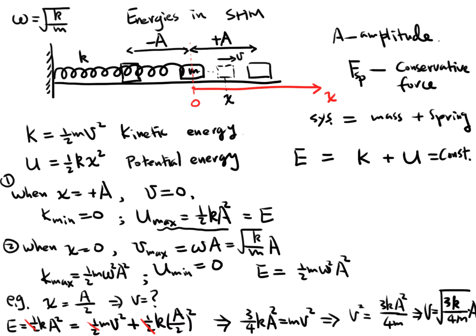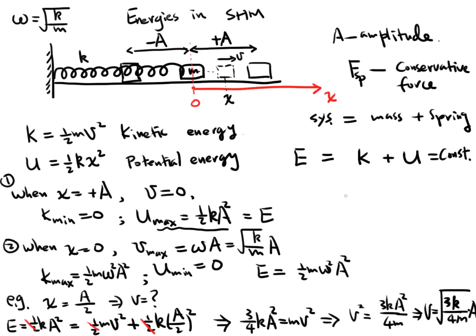One thing we realize from this calculation is that once you know the position of an object of this mass m, it's very easy to calculate the potential energy, which is 1/2 k times this position squared. And from there, we can easily subtract from the total energy to get the kinetic energy of the system.